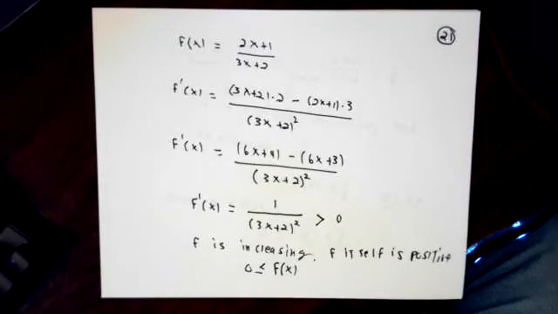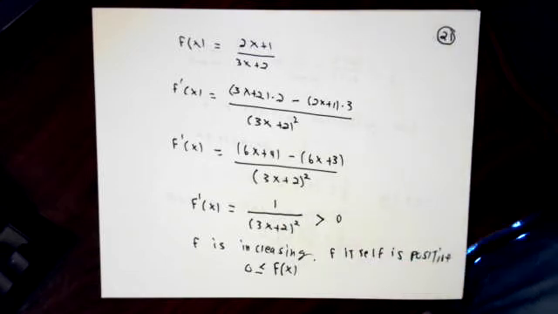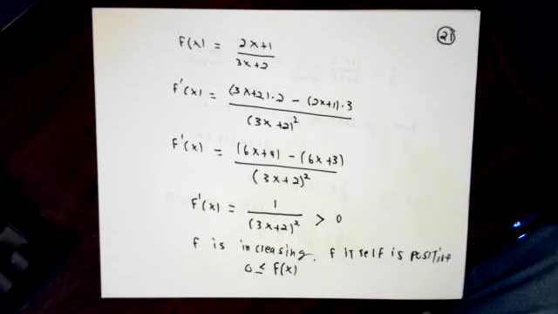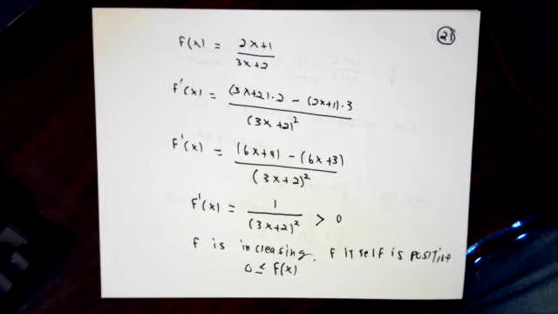Calculate the derivative of f. After some work, it turns out to be 1 over the square of 3x plus 2. X is positive, 3x plus 2 is positive, 1 over 3x plus 2 squared is positive. The f function is increasing, at least on the interval of x values that we're interested in.